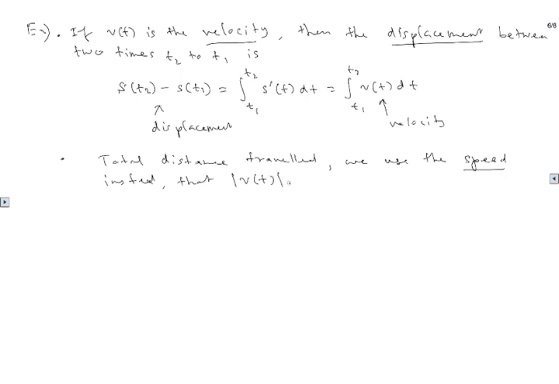So the total distance traveled is simply the integral from t1 to t2 of the absolute value of the velocity, which is the speed. So you have to be careful with that. Speed means simply the absolute value of the velocity.